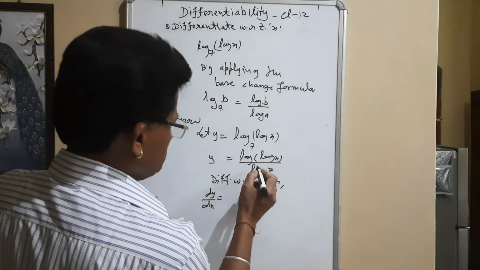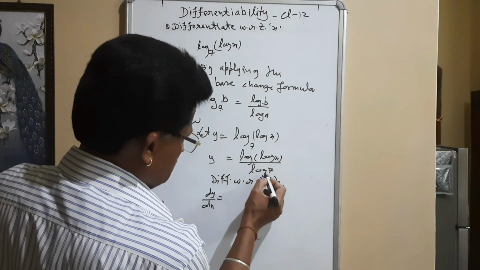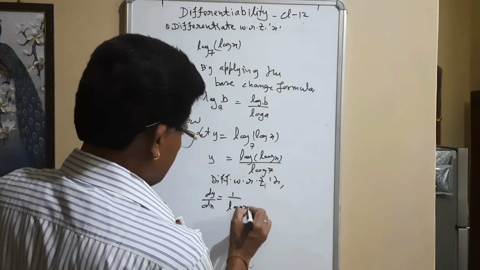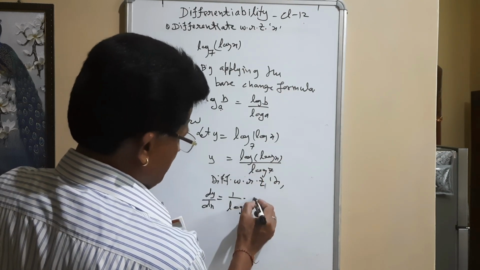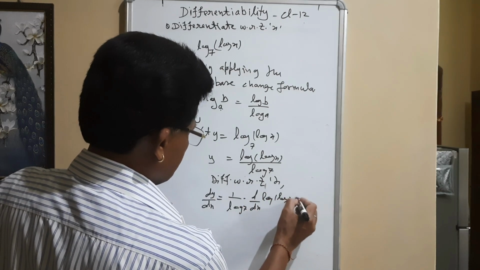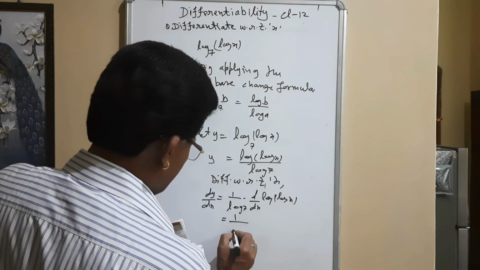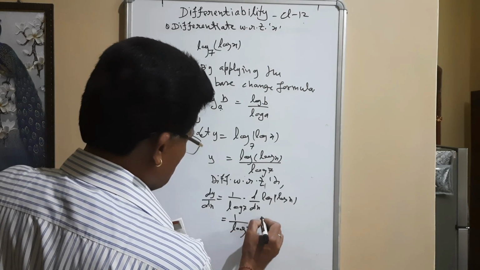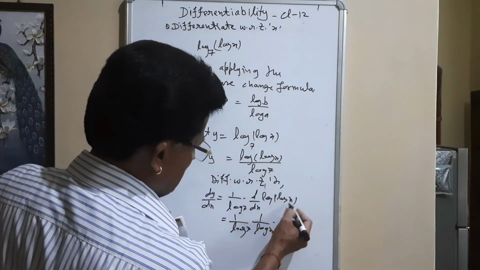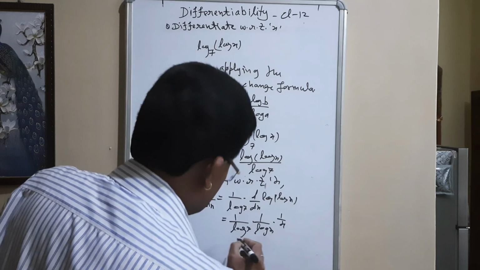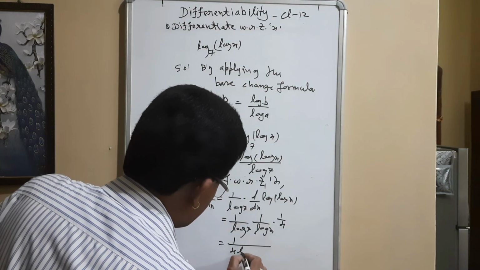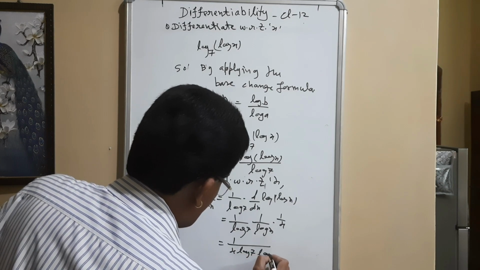It will be equal to, my dear student, 1 upon log 7, this is constant, you must keep it as it is, into the differentiation of log log x. That will be 1 upon log x. Once again you will have to differentiate log x, that will be 1 upon x. My dear student, its differentiation will be 1 upon x log 7 log x.